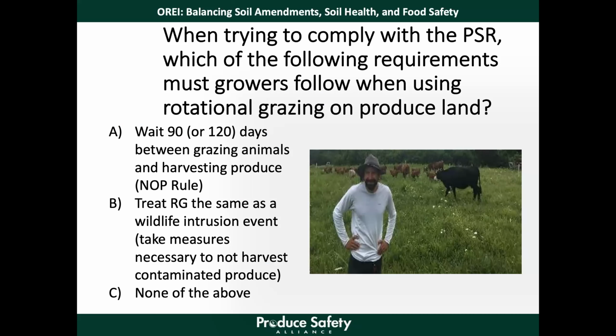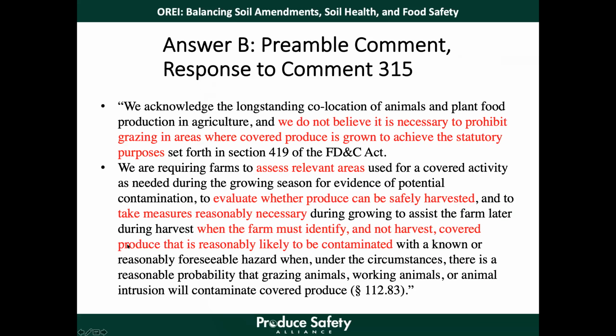So the bottom line, when farmers are trying to comply with the produce safety rule, the FSMA, the requirements they must follow for rotational grazing should be the National Organic Program rule of 90 days, 120 days, or treat rotational grazing the same as wildlife intrusion, and take the measures that are necessary to not harvest contaminated produce. Actually, the FSMA treats rotational grazing as a wildlife intrusion.